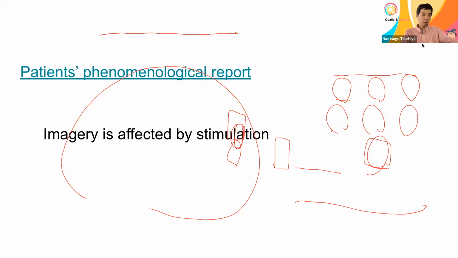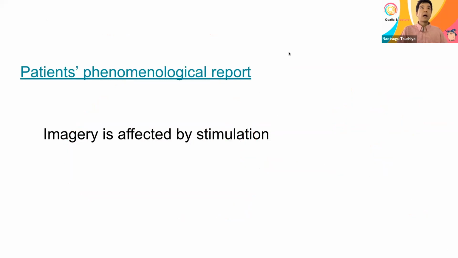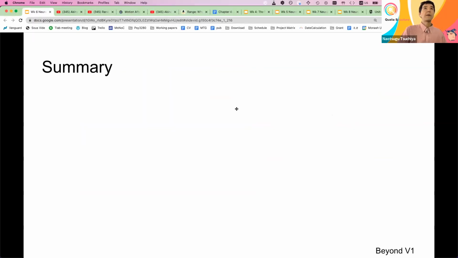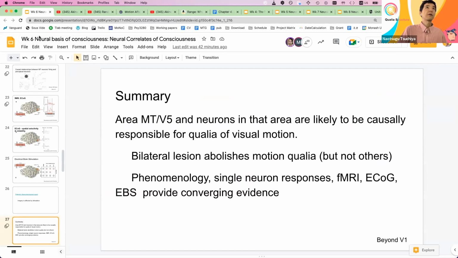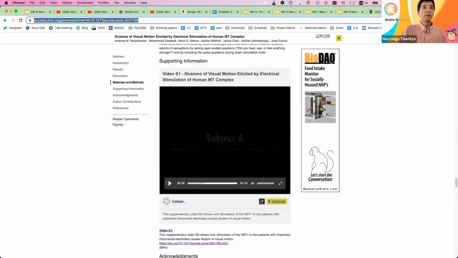And here I also want to share what the subject reported when he was stimulated with this electrode. So I think it's this one.